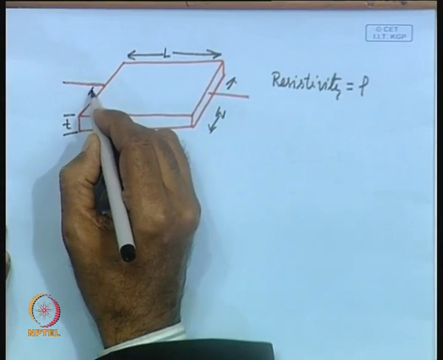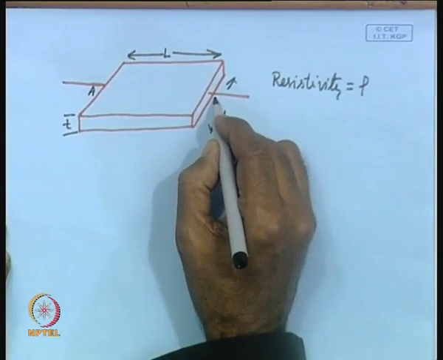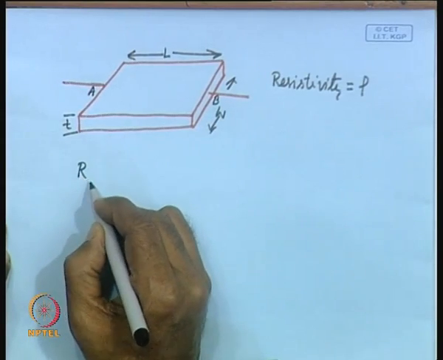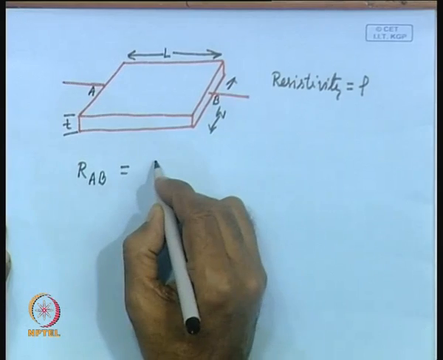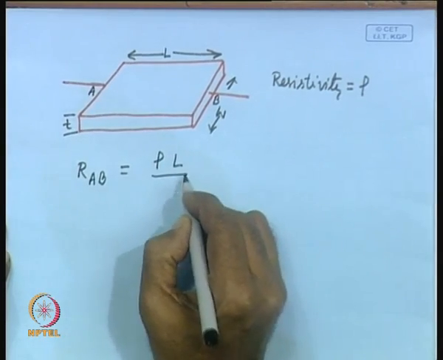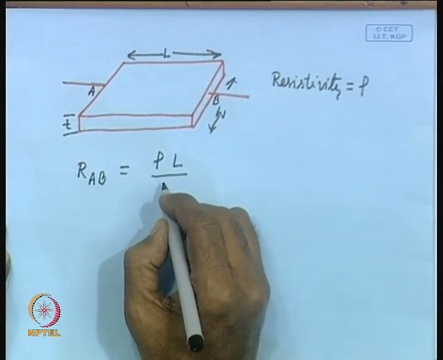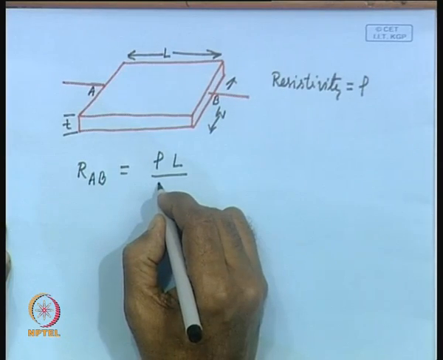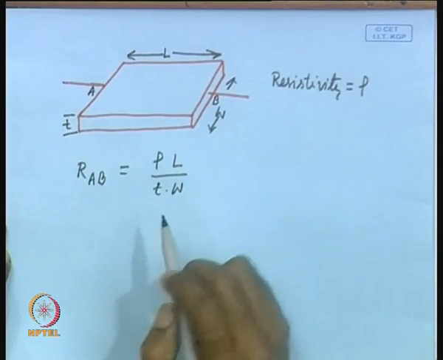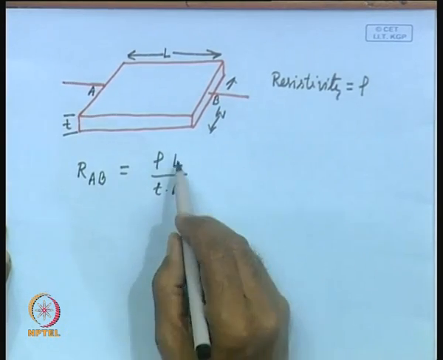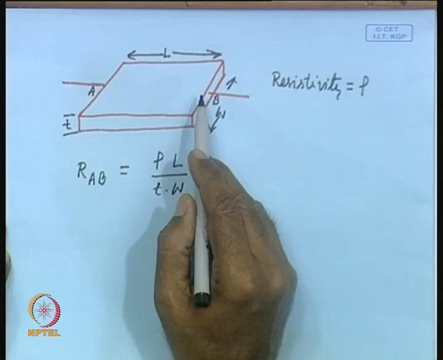If we consider this point A and this point B, the resistance between these two terminals A and B will be equal to rho L by T into W.